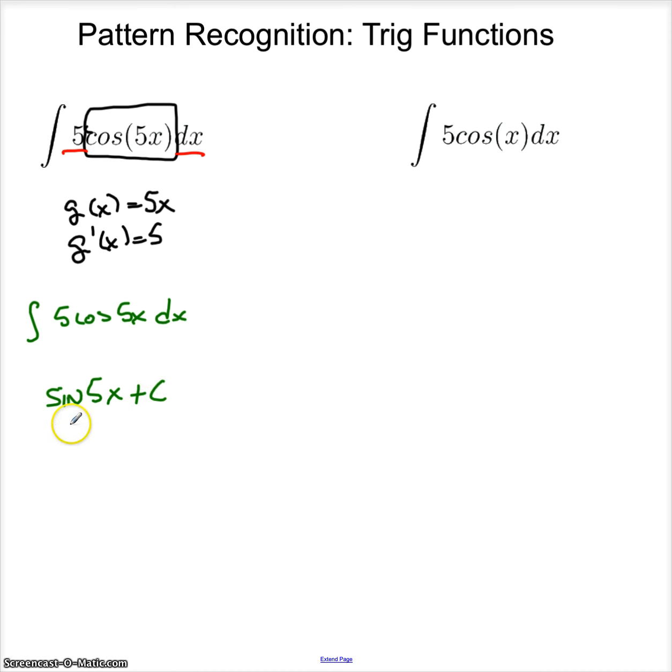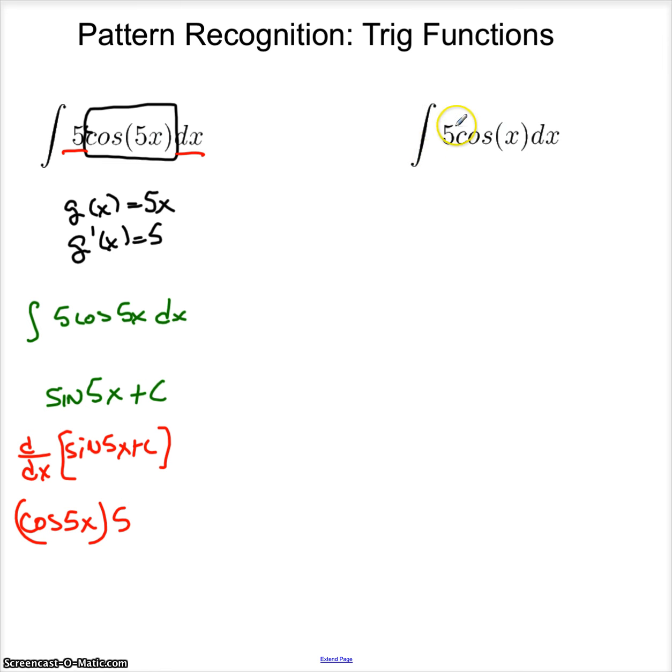Now, let's check this by taking the derivative of it. The derivative with respect to x of sine of 5x plus c is the derivative of sine, which is cosine 5x, times 5 plus 0. Lo and behold, it works. Now, let's come over here to this one right here. You don't always have a pattern to recognize.